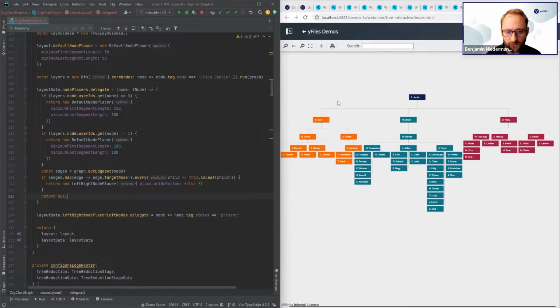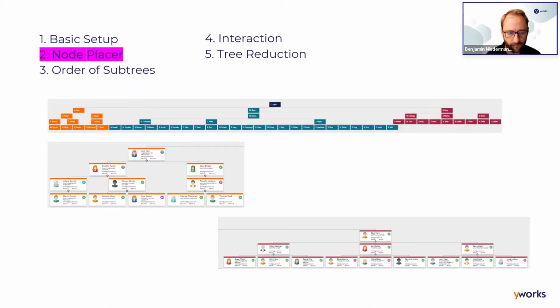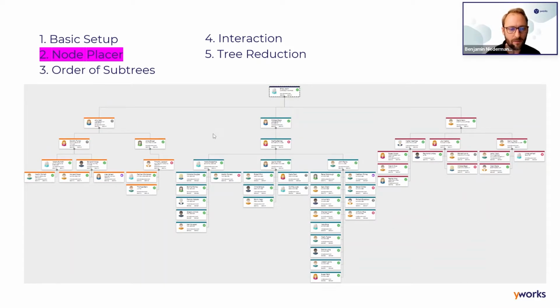And summarizing, we get a compact layout. So from this very uncompact layout, which has a large width and a small height, we came to a solution where we have a compact layout.